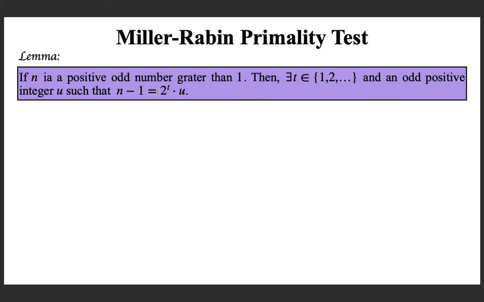If n is a positive odd number which is not 1, then the claim is that there exists a natural number t which is not 0 and an odd positive integer u such that, since n is odd, n minus 1 is an even number, n minus 1 can be written as 2 to the power t multiplied by an odd number u.